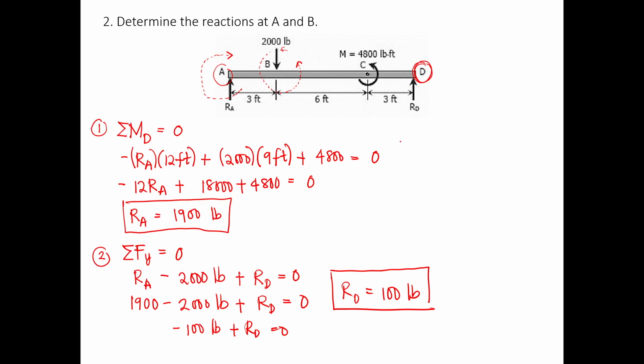Okay, so take note that if you add up RA and RD, that will result to the 2,000 pound force. So meaning it's in equilibrium. About 2,000 upward against 2,000 force downward. So quits lang sila, diba? Quits lang.